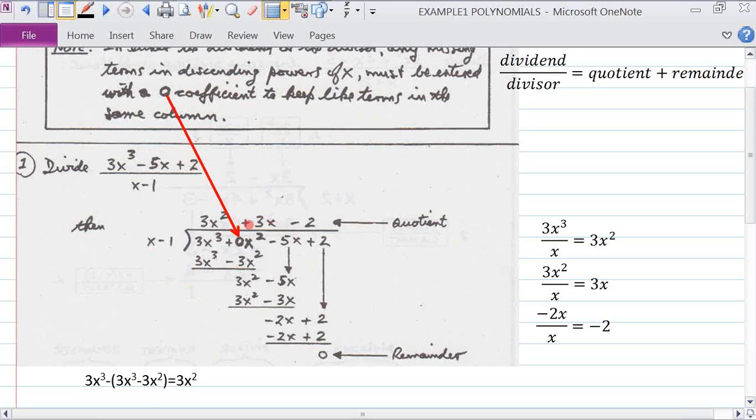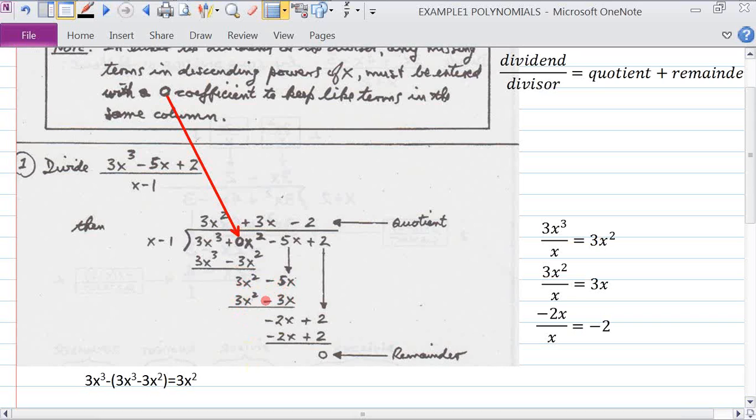Now what I'm going to do is multiply 3x times x, gives me 3x squared. 3x times minus 1 gives me minus 3x. And now I'm going to take this line and subtract that line right there. So 3x squared minus 3x squared gives me 0.